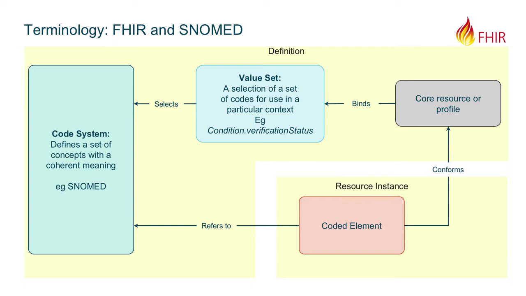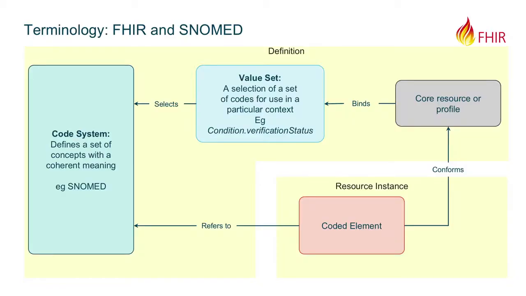But the value set is something that you need to know about, because when you are profiling, when you are making FHIR work for you, one of the things you almost certainly will be doing is creating value sets against an existing or a new code system. And then the actual individual resources will point to a value set, and the instances will point to the code system. I'll show you this in just a second.